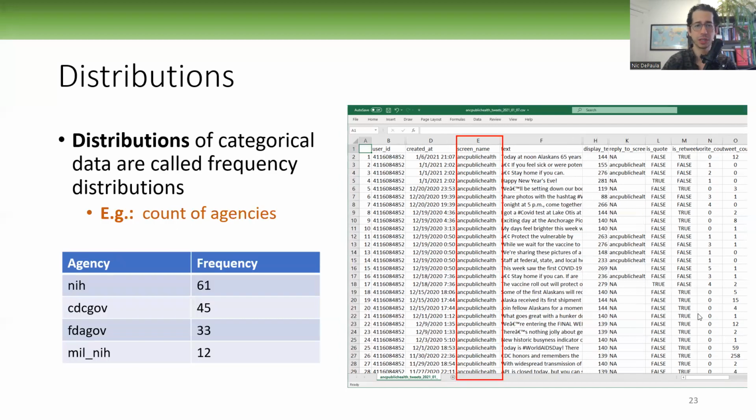Distributions of categorical data are called frequency distributions or frequency tables, and we've already talked about them. For example, in the set of tweets that I have here, we can talk about the count of agencies. There's 61 tweets from NIH, 45 from CDC, and so on. So the frequency has to do with the counts of the records themselves. So there's 61 records, 45 records out of the total 1,174 records.